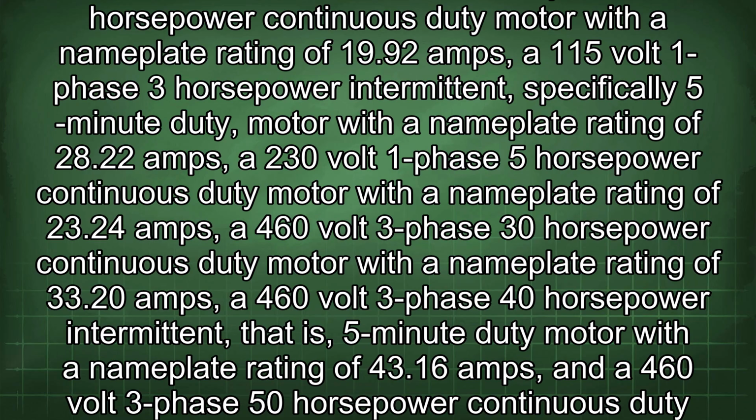The motors include a 115-volt one-phase 2 horsepower continuous duty motor with a nameplate rating of 19.92 amps, a 115-volt one-phase 3 horsepower intermittent, specifically 5-minute duty, motor with a nameplate rating of 28.22 amps, a 230-volt one-phase 5 horsepower continuous duty motor with a nameplate rating of 23.24 amps, a 460-volt three-phase 30 horsepower continuous duty motor with a nameplate rating of 33.20 amps, a 460-volt three-phase 40 horsepower intermittent, that is 5-minute duty motor with a nameplate rating of 43.16 amps, and a 460-volt three-phase 50 horsepower continuous duty motor with a nameplate rating of 53.95 amps.